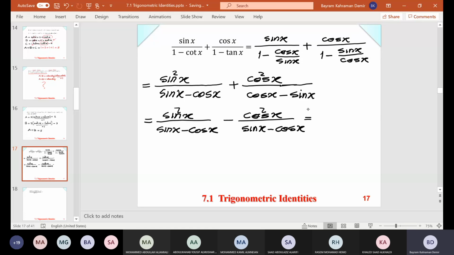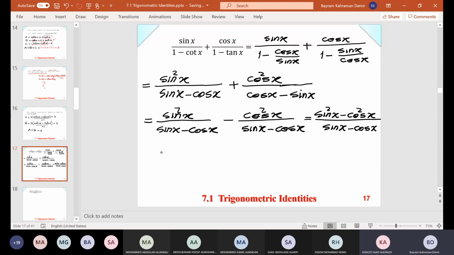So now what we got is sine squared of x minus cosine squared of x divided by sine x minus cosine x. We can expand and simplify sine squared x minus cosine squared x.